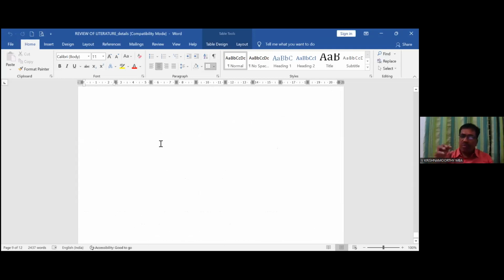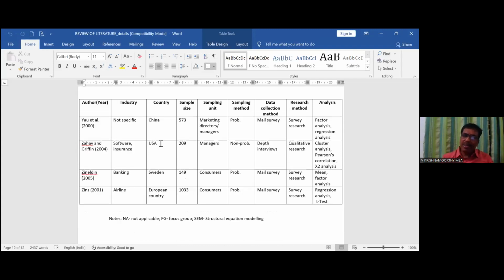Now from this, what can he get? He can get some points. Let's take identification of the research gap. If we take some research paper, they may write a research gap like this: even though several study has been conducted with regard to this topic, most of the study has been conducted in Western perspective.